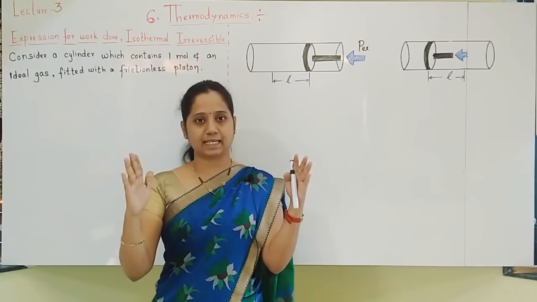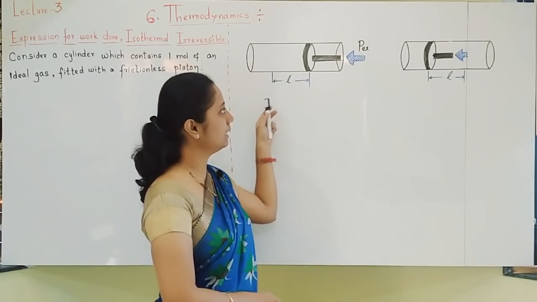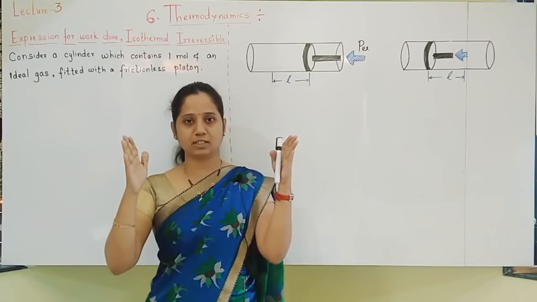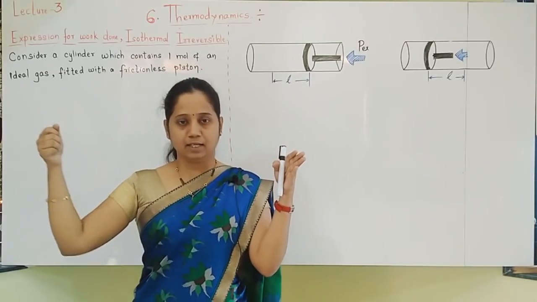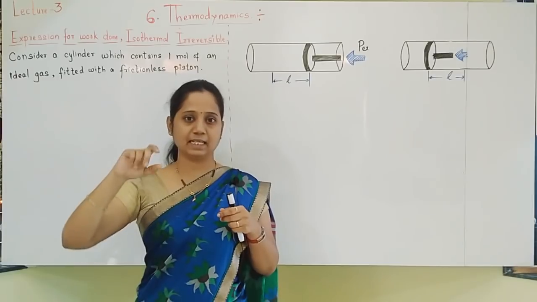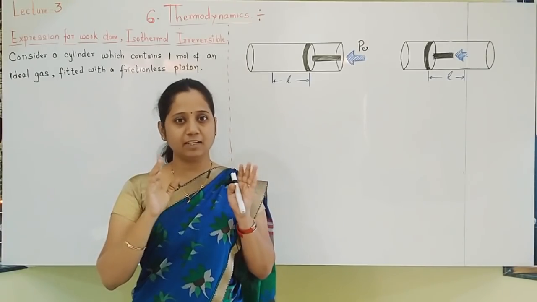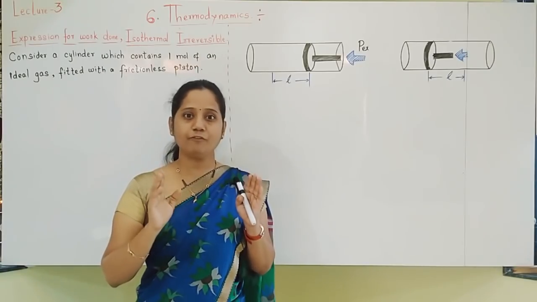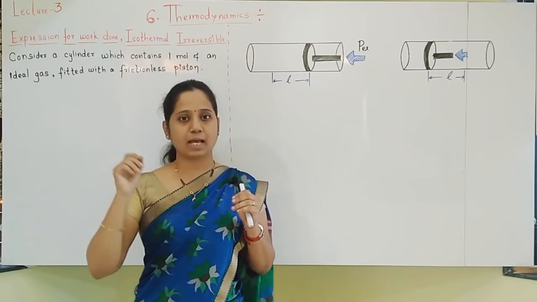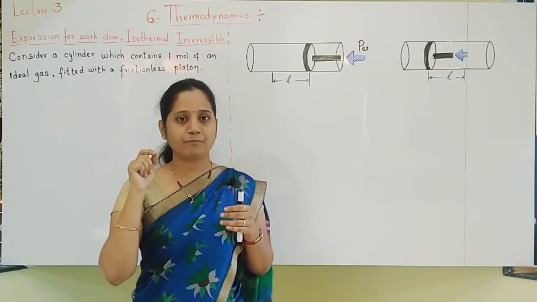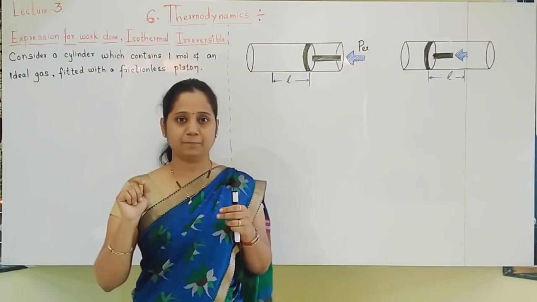One cylinder is taken. Here I have drawn one cylinder which is fitted with a frictionless piston. Imagine a cylinder with one piston, moving very smoothly, no friction. So I am saying take a cylinder fitted with a frictionless piston.